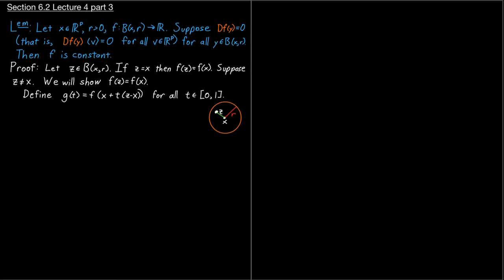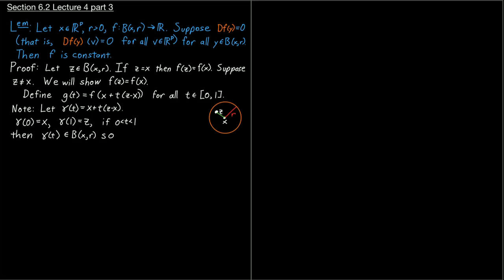So the first thing to notice is that, let's give this a name. We'll let gamma of t be x plus t times z minus x. And then gamma of 0 is our midpoint, gamma of 1 is our target point z, and if t is between 0 and 1, then gamma of t is a point in our ball.